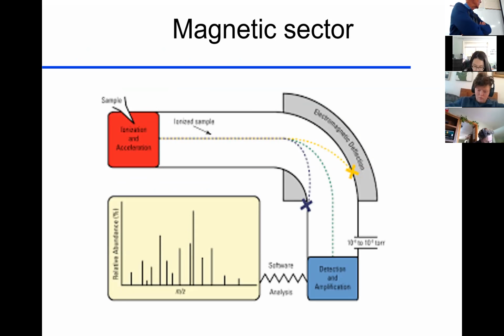So this is one of the first types of mass analyzers. On the red portion over there, you find your source. So let's blow this thing into bits. We draw them out. They're all positive, so there's an electrical charge here. All these positive parts get drawn out towards the negative, and they get focused into a beam.